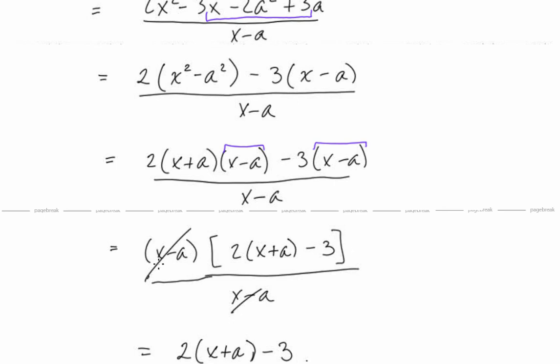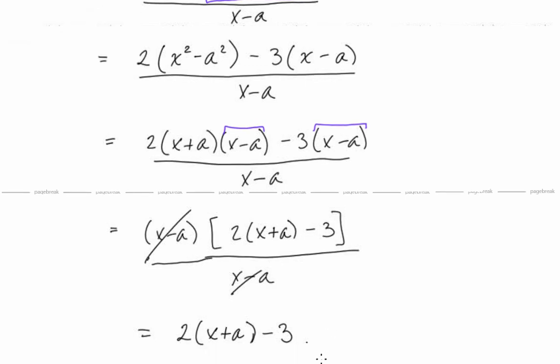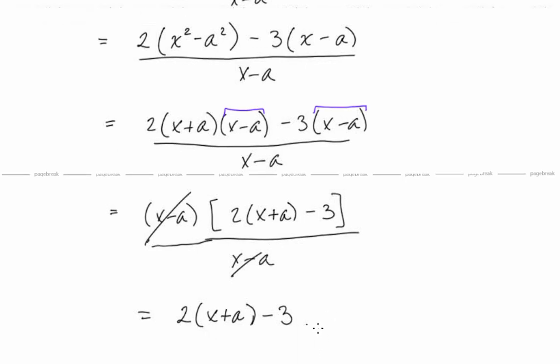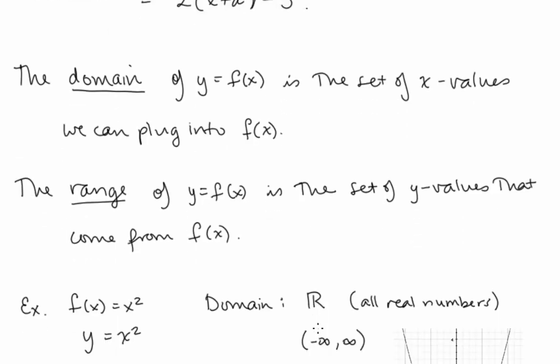And we can cancel that factor of x minus a with the x minus a in our denominator, and our final solution is 2 times quantity x plus a minus 3. Again, these kind of difference quotients are important with calculus computations, and you'll see in later lessons why these are important. Now let's talk about the domain of a function.